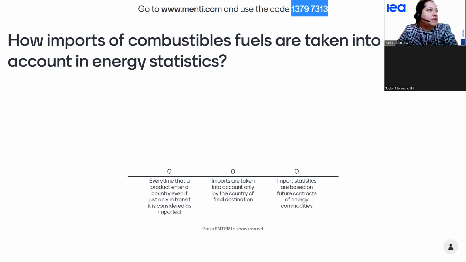So the first question is how imports of combustible fuels are taken into account in energy statistics. Is it every time that a product enters a country, even if it's just in transit? Do you consider this as imports? Will you take into account only the country of final destination, or will you take into account imports based on future contracts of energy commodities?